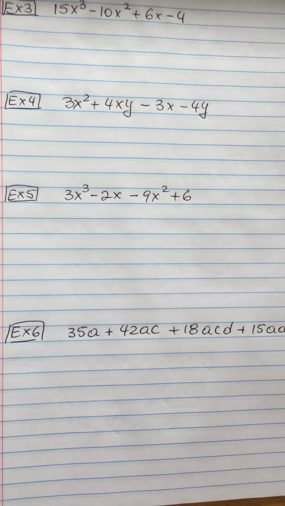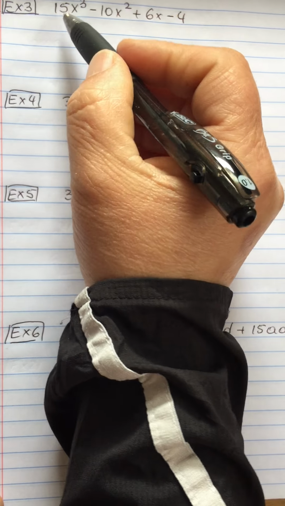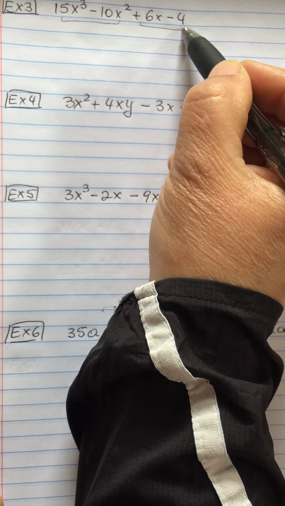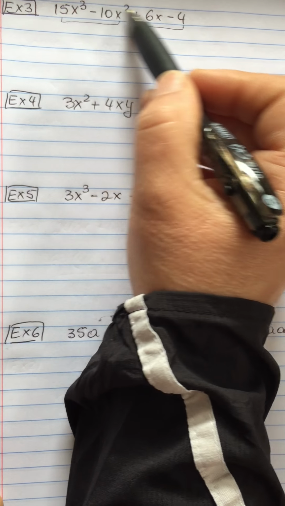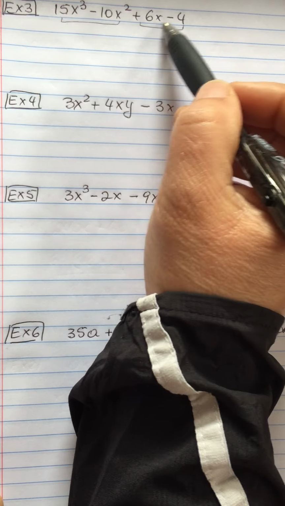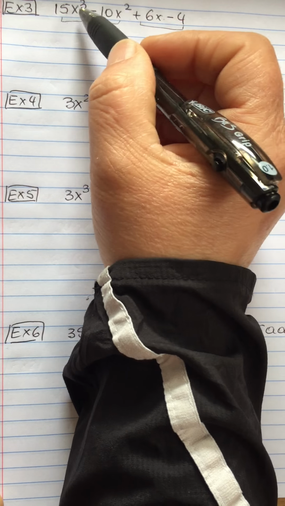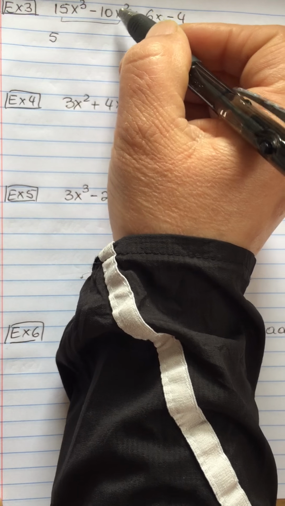Let's go to example 3. As always, I have to check if the polynomial has a greatest common factor or not. They do not have a common factor, so group, and factor each group. So 15 and 10, both divisible by 5. 5 is the common factor.